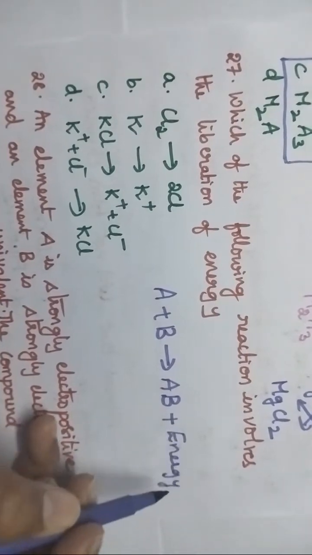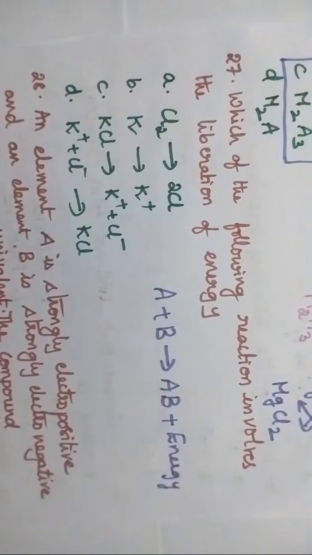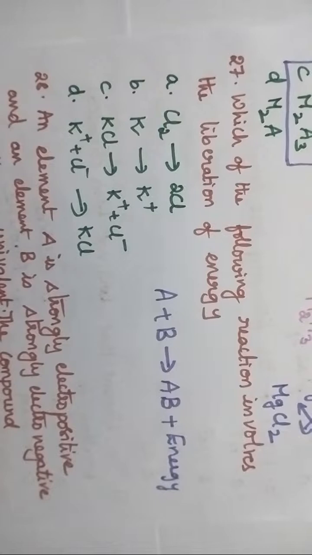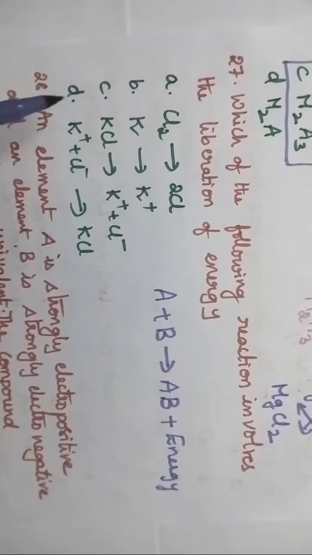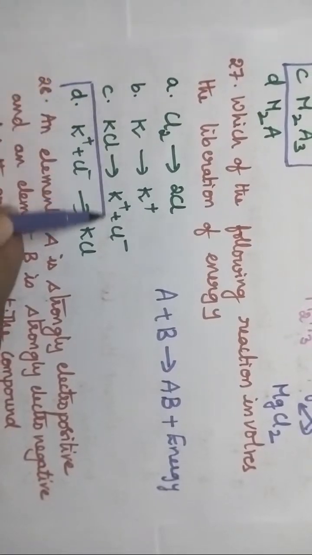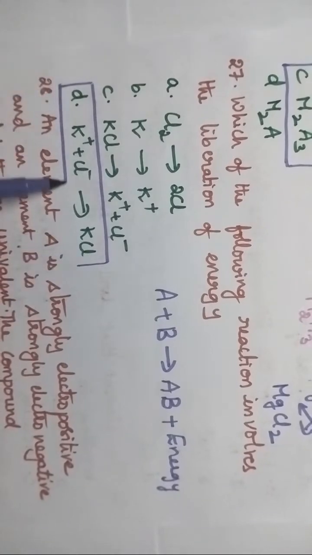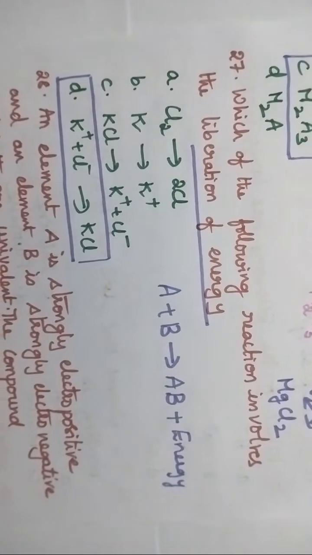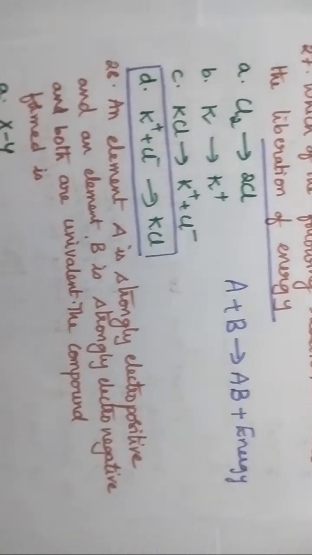It is the hint. Now you just answer. Okay, every time I have to explain. So always the formation of molecule is accompanied by the liberation of energy. So option D is the right answer.